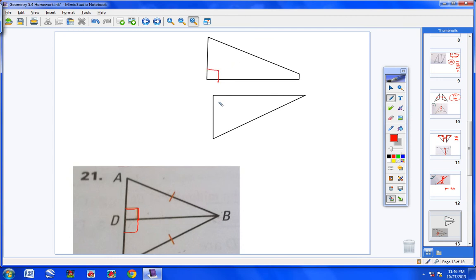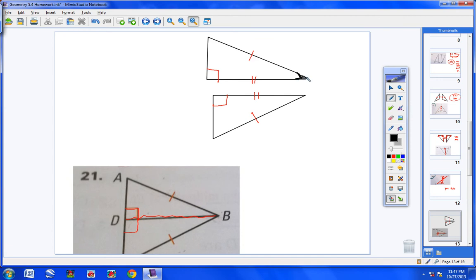So right angle here, right angle here. We know we have a slash here and a slash here. And let's see. Oh, and we know they share a common side right here. So two slashes, two slashes. Now, I know this should be coming to a point right here like this.